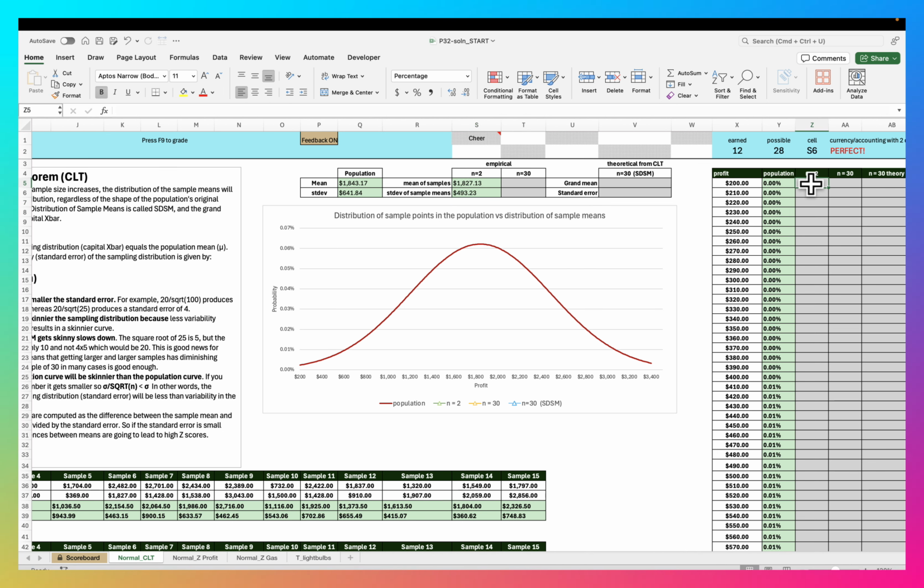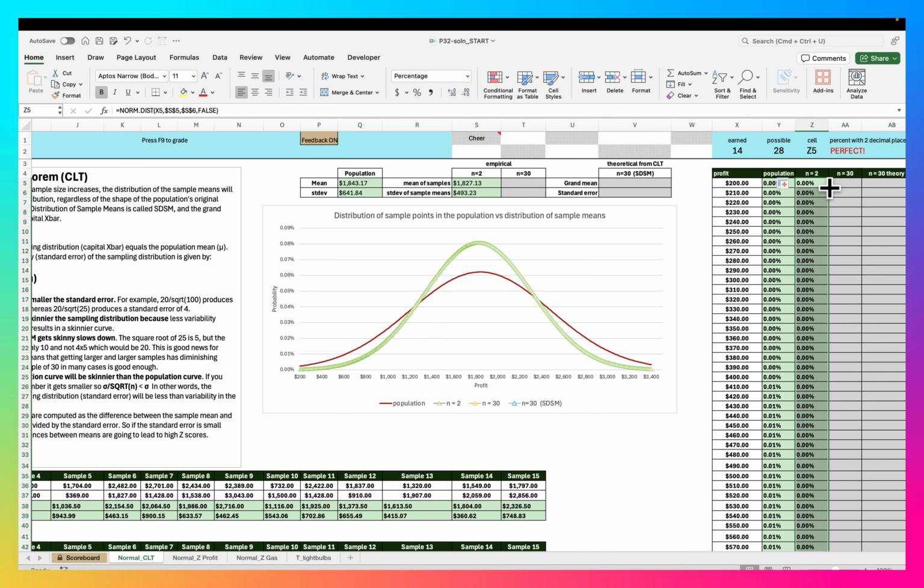So we come back to the norm.dist to plot it. So the x-axis stays the same as it was in the last case. There's the mean, lock that, standard deviation, lock that, and put false again. And then copy that down. All right. Now, the structure of the line has changed.